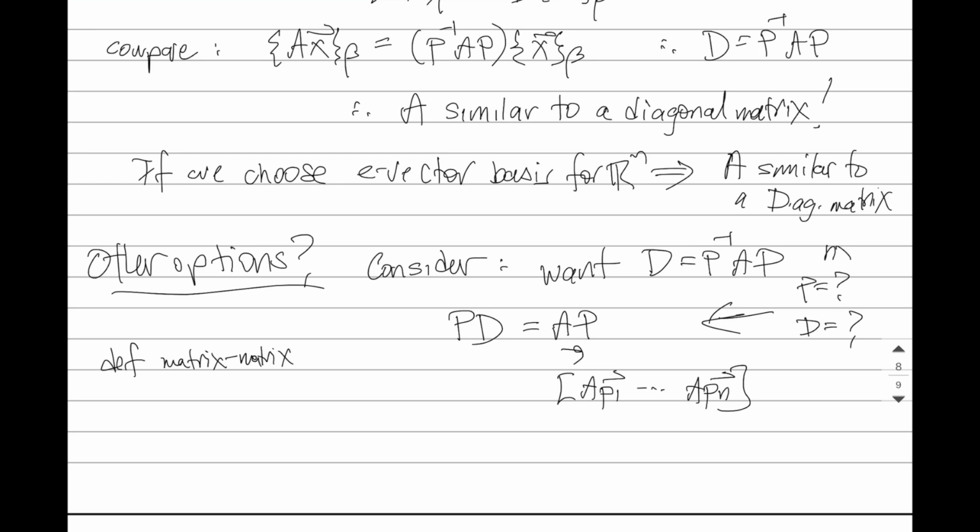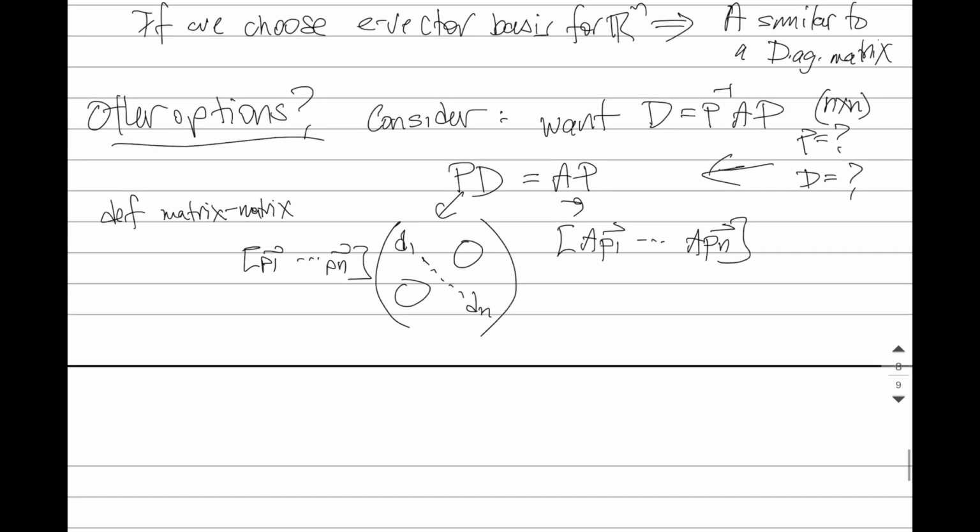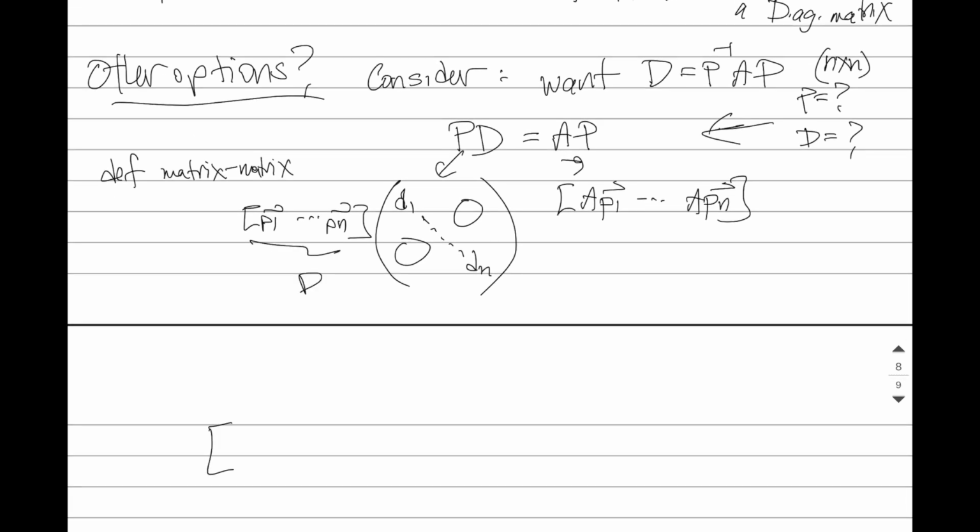We're going to assume that all of these matrices are n by n. Now on the other side here, let's say we have P1, Pn. If this is a diagonal matrix, that means there's some constant down this diagonal and there's zeros everywhere else. By matrix definition, I'll have P times this first column all the way down to P times this last column. And on the other side, I'll have AP1, APn, just by matrix definition.